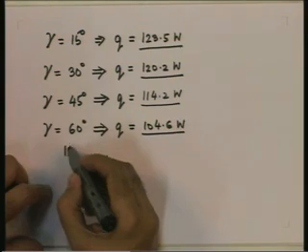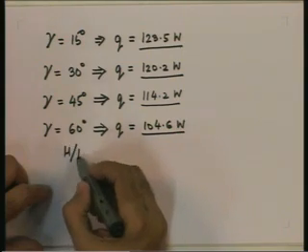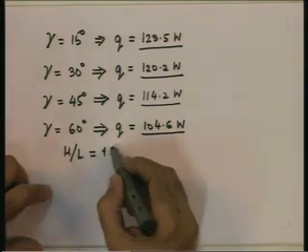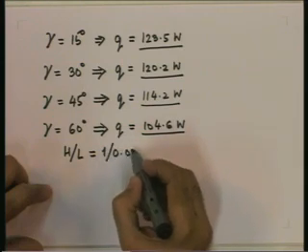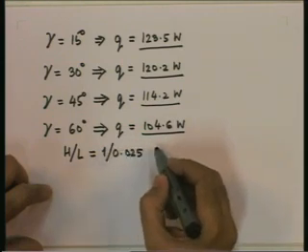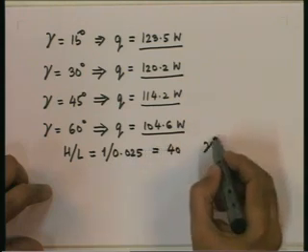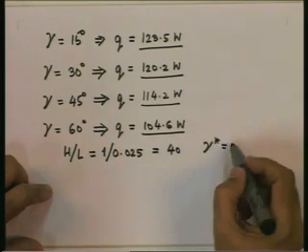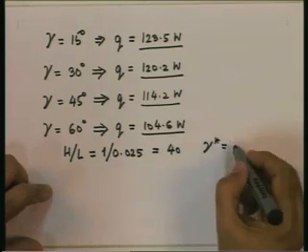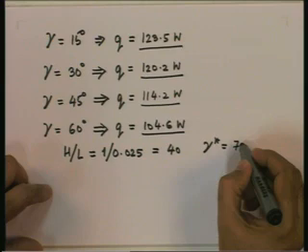Since H by L is 1 meter divided by 0.025 meters, which is 40, our gamma star, the limit for inclination for use of the Buchberg correlation, is 70 degrees.